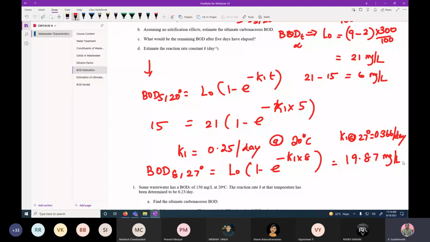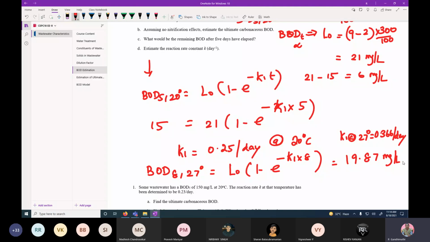Students, you give some inferences based on this. As temperature increases, K value increases. Okay. Also, it reached the steady, ultimate BOD.